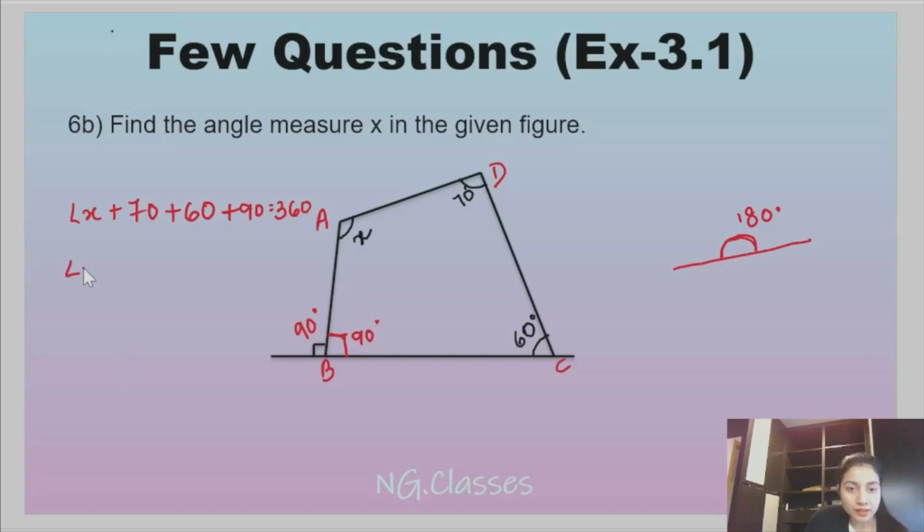The sum of these three is 220. Now the value of x will be 360 minus 220, that is 140 degrees.